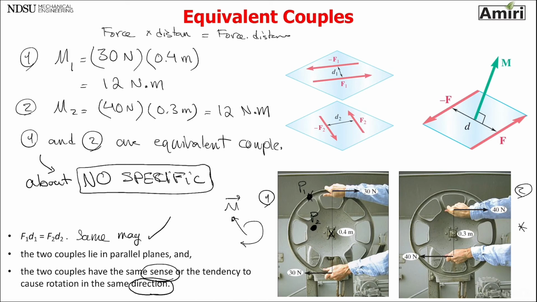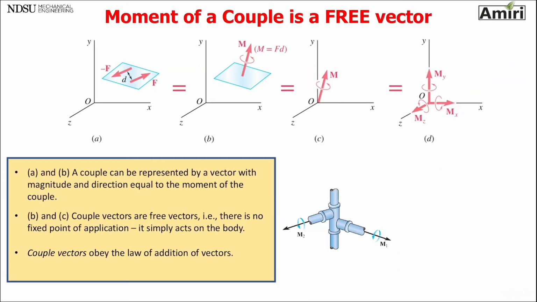Why is this important? Because we call the moment of a couple a free vector, because it does not depend on any specific point.